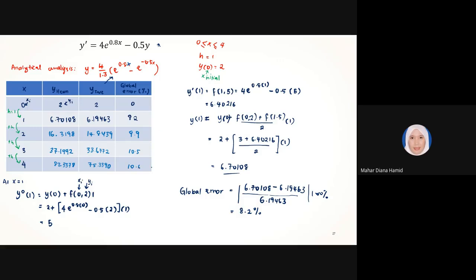So as you can see, the global error increases as we increase the value of x. This is due to the truncation error. If you have an error here, say 0.2, it will be propagated in the next step. If you already have a wrong or not so accurate answer here, it will be propagated.